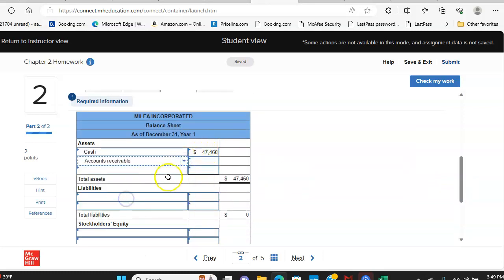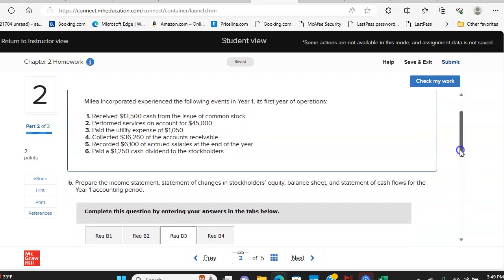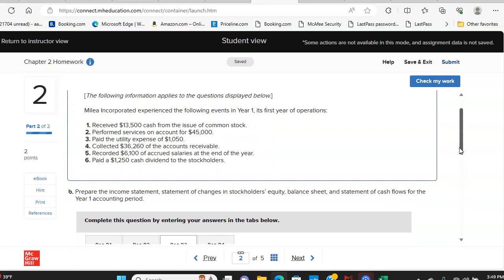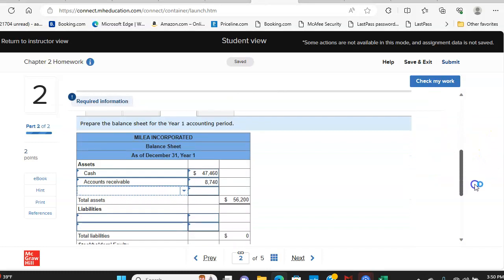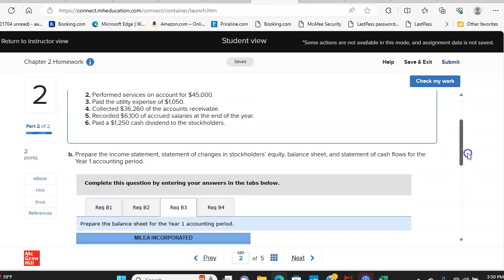So that amount will be $8,740 for accounts receivable. Let's see if we have any other assets here. So that was common stock, not an asset. Accounts receivable. That's an expense, accrued salaries. So that should be it for my assets of 56,200.